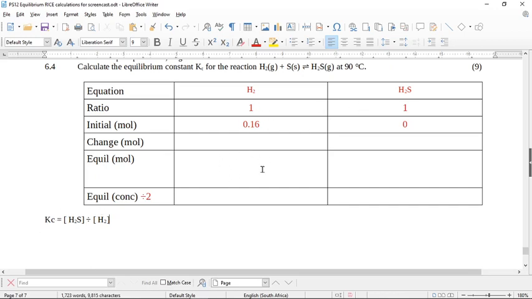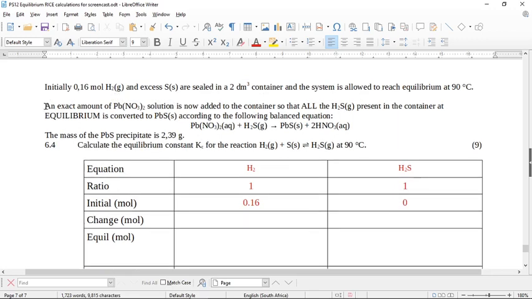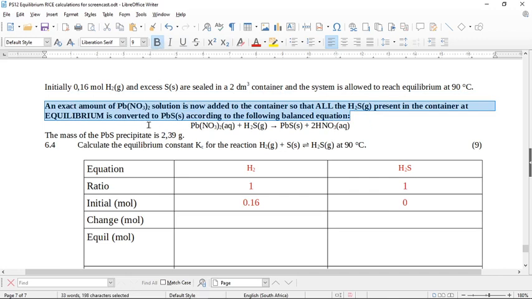Our job now is to find the equilibrium moles of hydrogen sulfide. Okay, because we know we got rid of the hydrogen sulfide with the lead nitrate. That's what all of this is telling you. This part over here, okay, is telling you how they got rid of the hydrogen sulfide. Took out all of the hydrogen sulfide in this other chemical reaction.